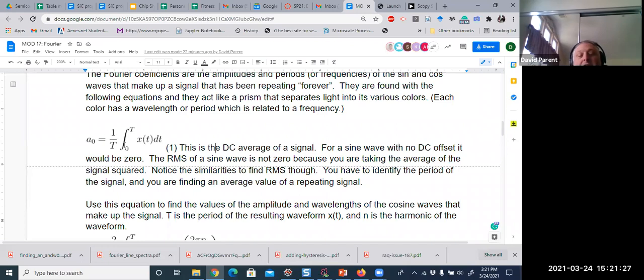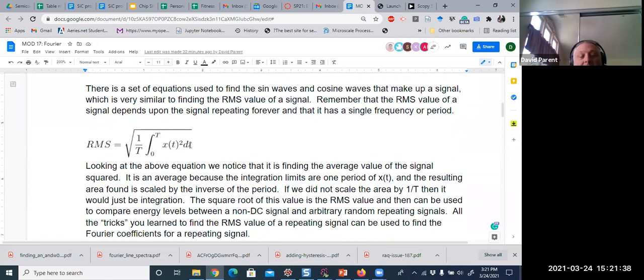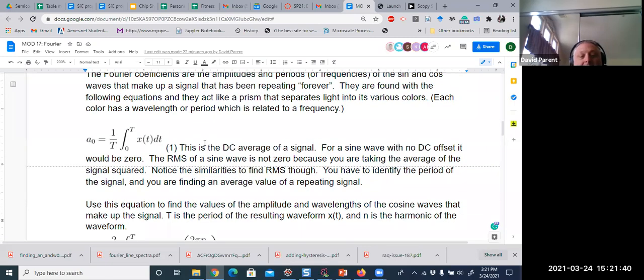But if this was just a pure sine wave, there would be no DC average, or it would be equal to 0. All right. And we remember the RMS of a sine wave is not 0 because we've squared it. There's something there. All right. But it's a very similar process. And you basically, when you see that signal, you have to identify the period. Otherwise the analysis doesn't work as well.